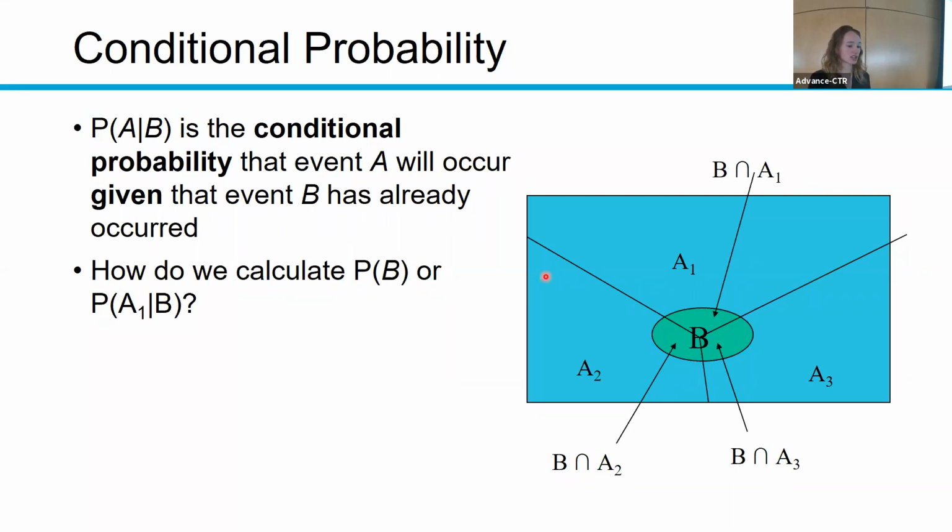This is a little bit different than just the probability of A. So let's talk about this one: the probability of A1 given B. There's some probability of falling into this circle B, and we already have the information that we've fallen into this circle B. Now that we know that, what is the probability of falling within this smaller subset of B, A1? This is also different from just the probability of A1, because A1 includes all this extraneous information that is not relevant for this conditional probability.